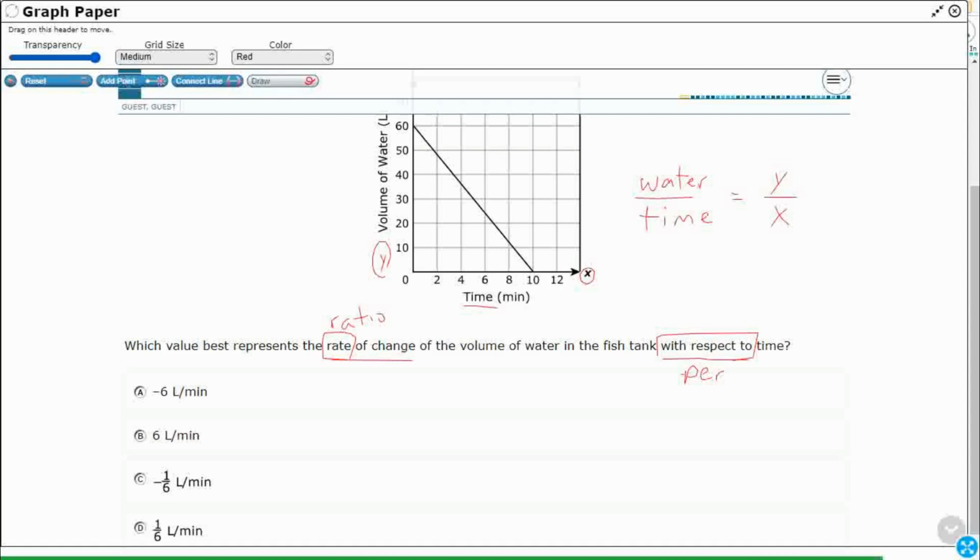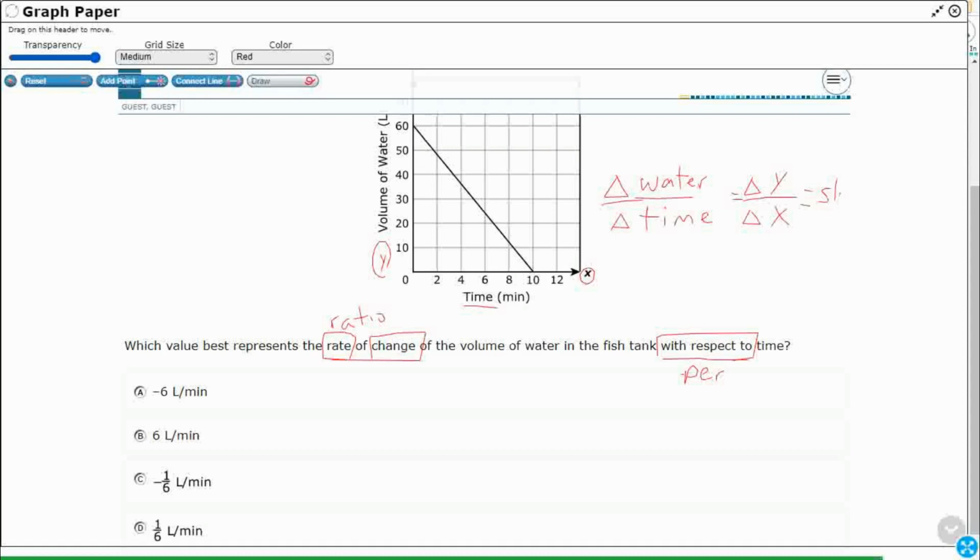And I'm looking for the rate of change. So I'm wanting the change in water over the change in time. And I'm using the Greek letter delta, which looks like a triangle. That's what signifies change in math and science. So the change in y over the change in x. Hopefully that is making you think change in y over change in x.